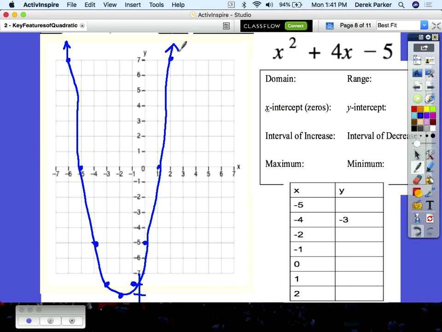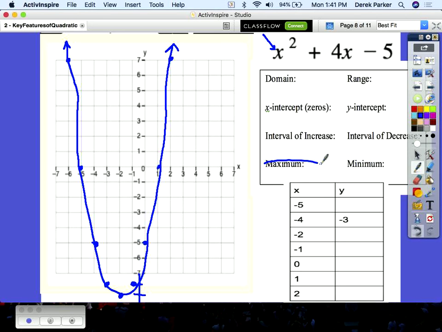As you can tell, the vertex is (-2, -9). Since this is a positive 1x squared, that means we will not have a maximum. We will have a minimum.